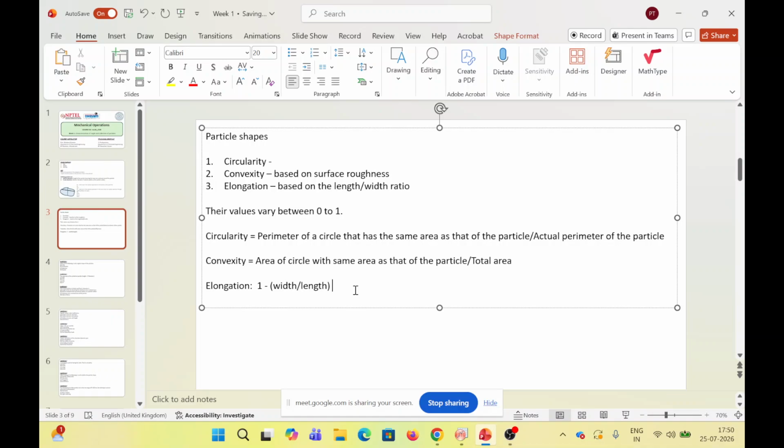So it's 1 minus width over length, that ratio is 1, and 1 minus 1 is 0. So elongation is going to be equal to 0 for a circle. For a needle, it's 1, yes, because it does not have a width, so 1 minus 0 is going to be 1. So for a needle, it is going to be 1.